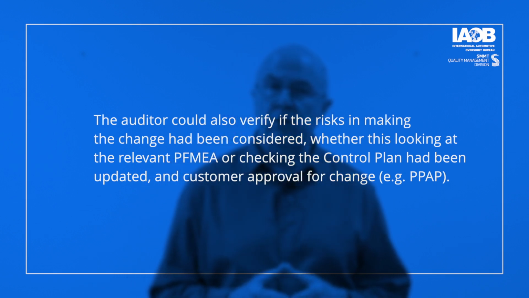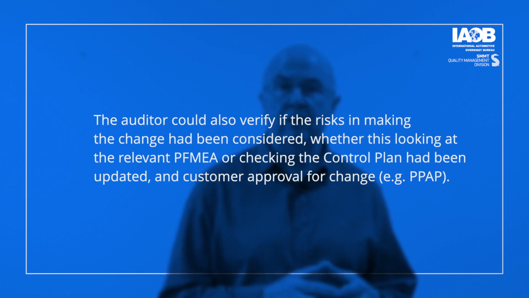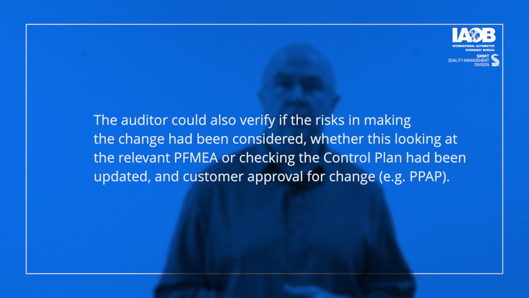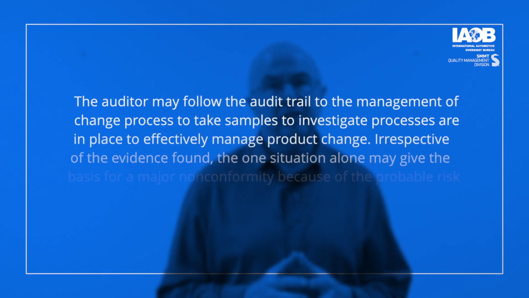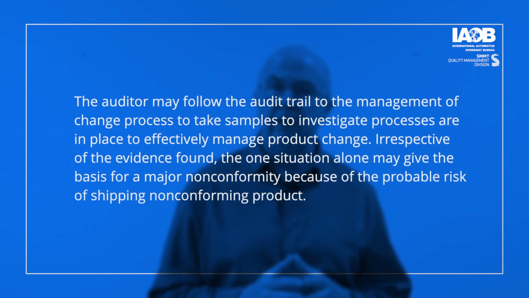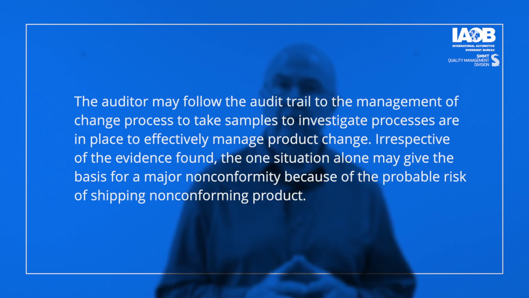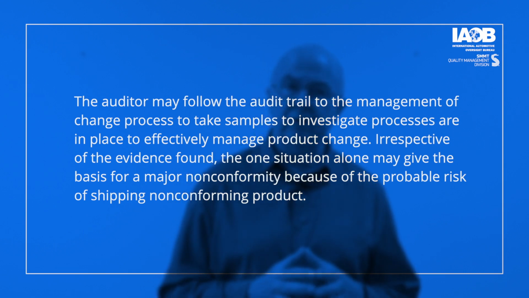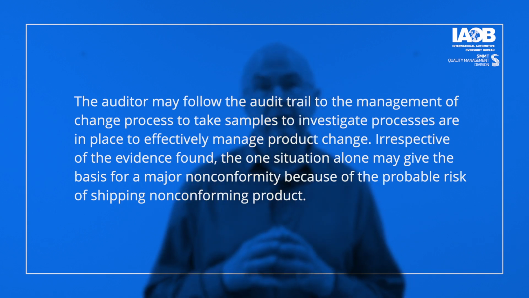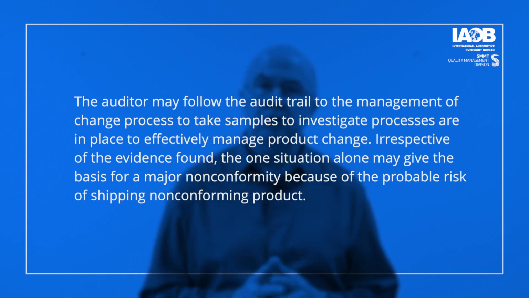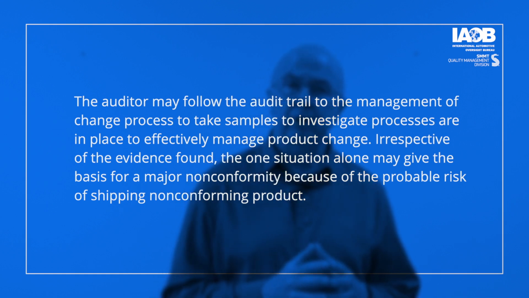So that may have resulted in a resubmission of the relevant part approval documentation. In this case, the auditor may still need to follow audit trails to the management of change process to take other samples to see if there is a process in place to effectively manage product change.